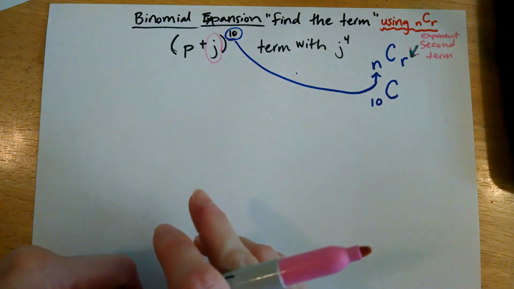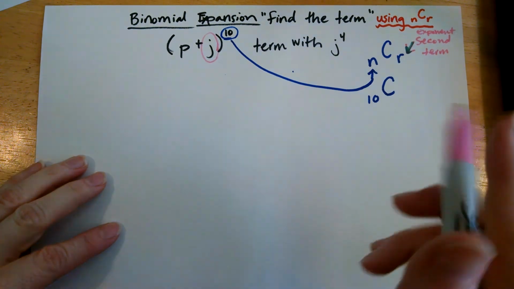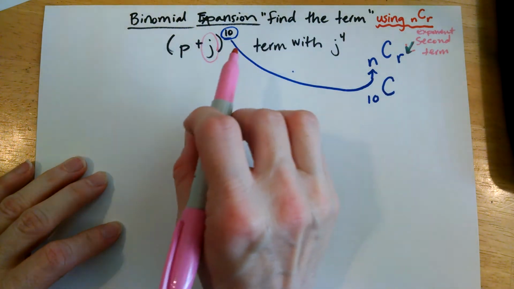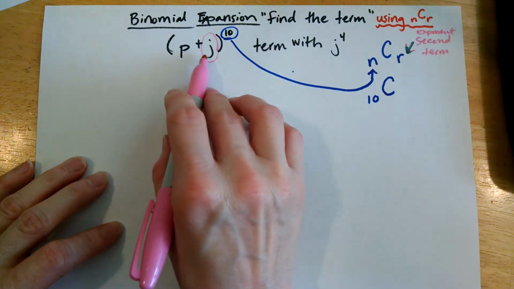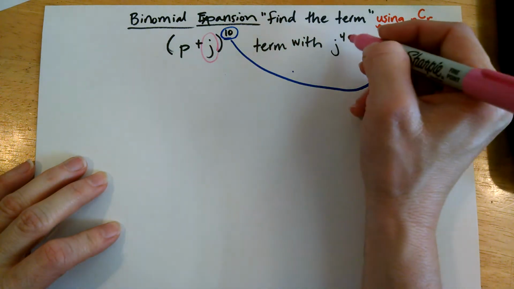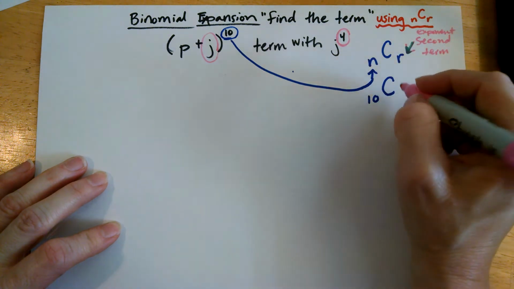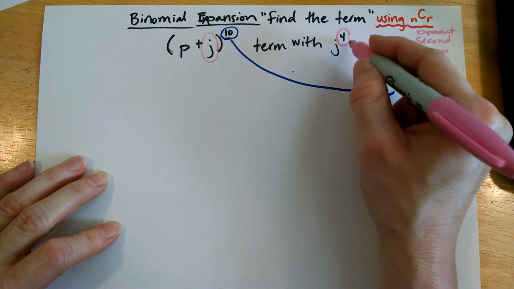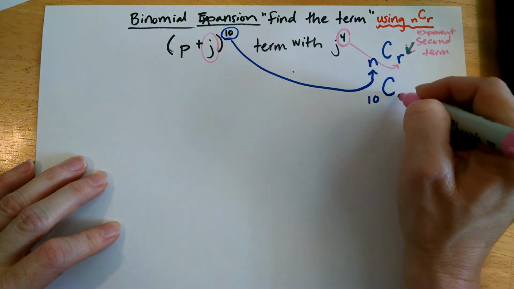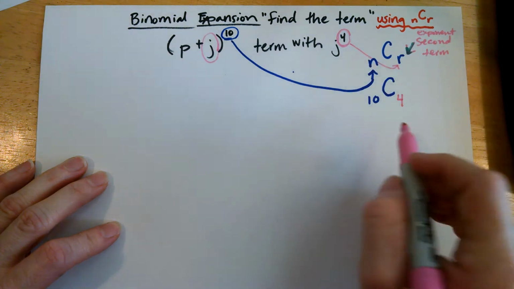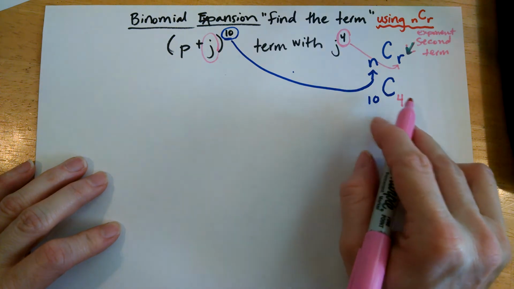We just happen to luck out here with our example because they're asking us to find the term with j to the 4th. J is our second term, and this is the exponent that's with it. So the 4 goes here. So it's going to be 10C4.